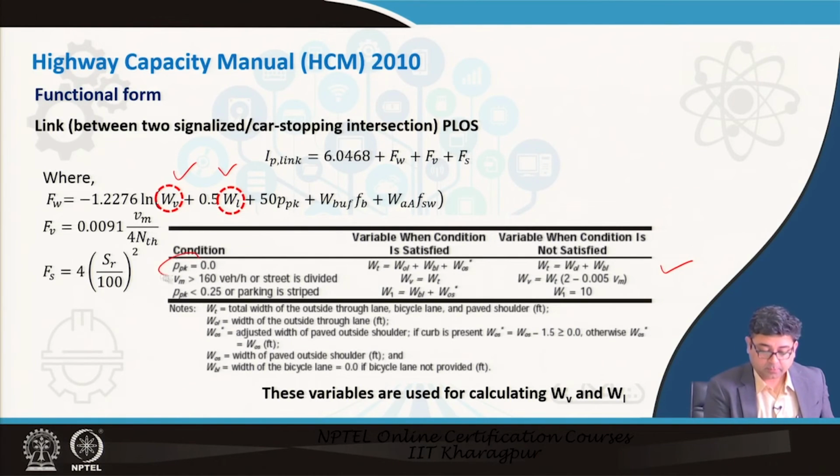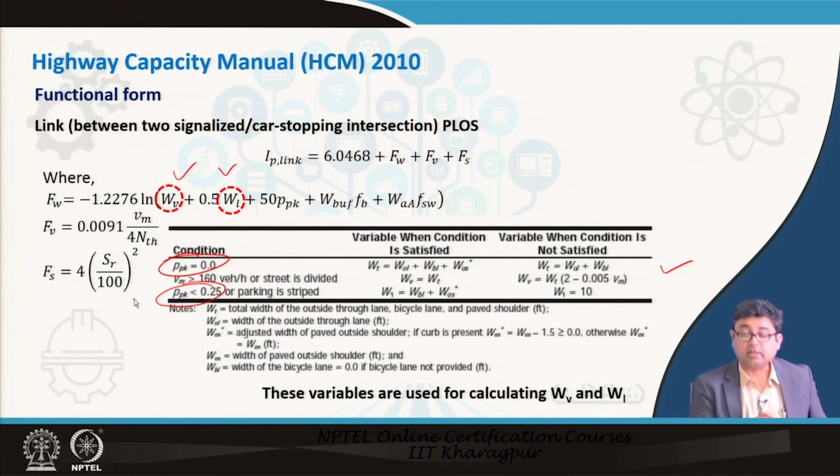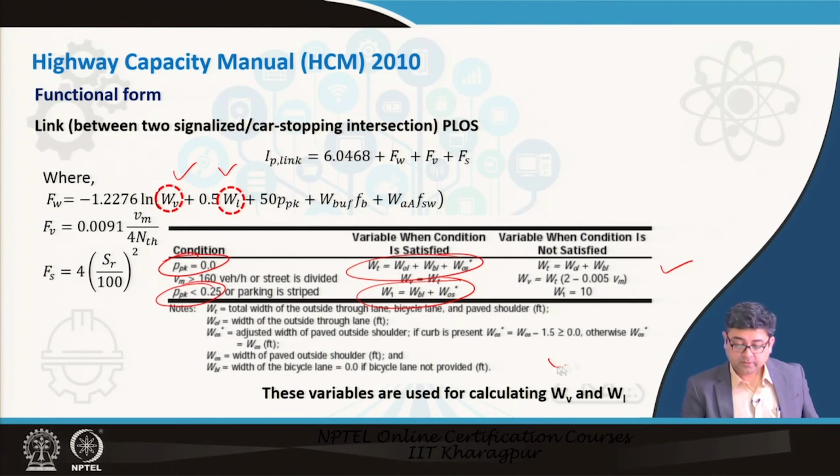If, for example, there is no parking versus if no more than 25% of it is covered by parking, then how do you determine those effective widths? They are given in this table, and it is just plug and play. You just have to pick which condition you are dealing with, and determine simple widths.